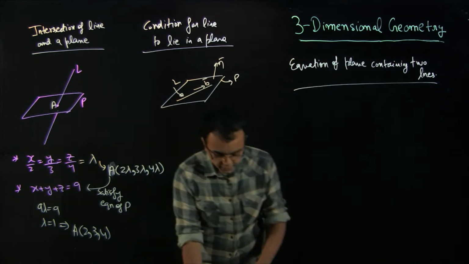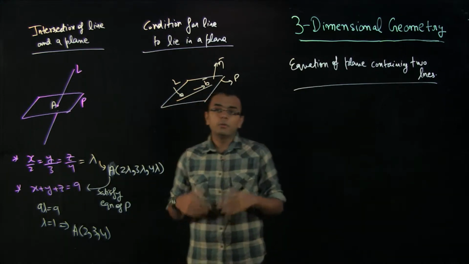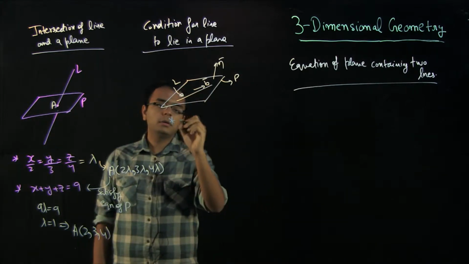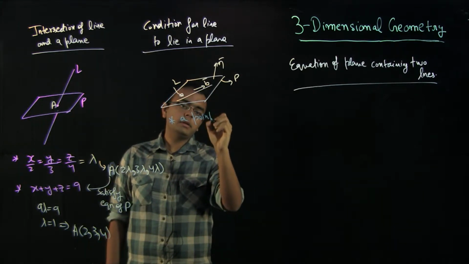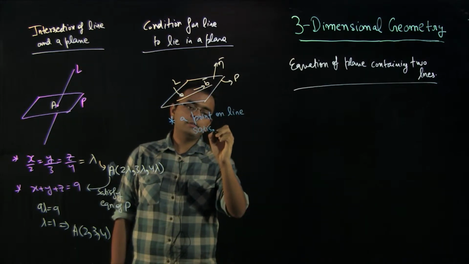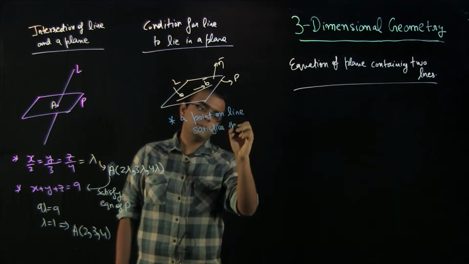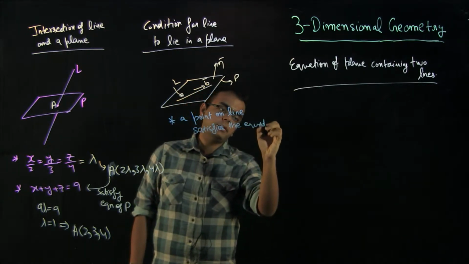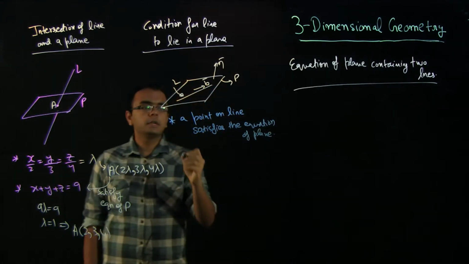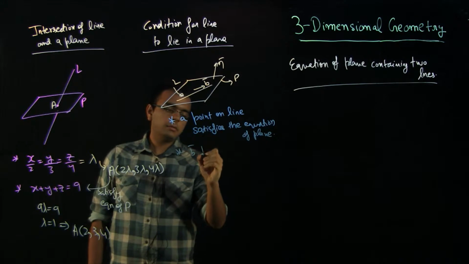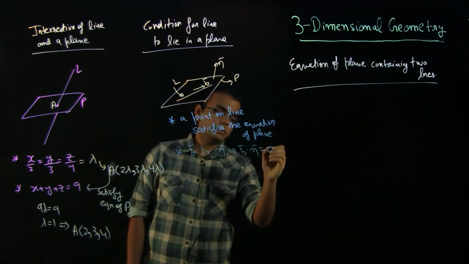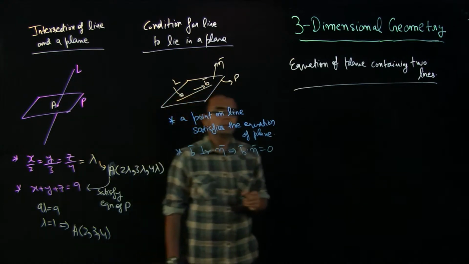One, we have to first make sure that a point on the line satisfies the equation of the plane, right? And the second condition is that B is perpendicular to the n vector, or B dot n is equal to 0. Okay, so these are the two conditions.